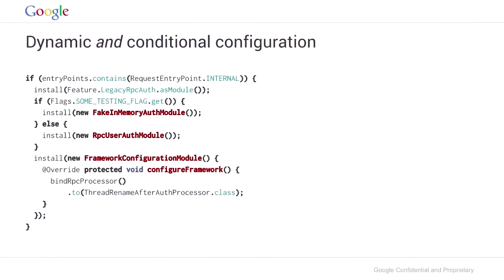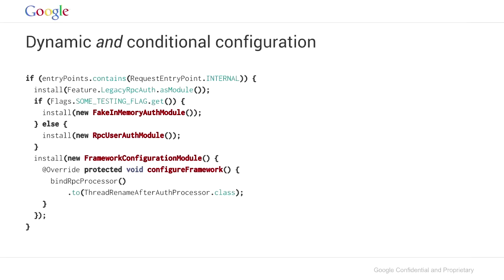And finally, the configuration we laid out in Java. It's dynamic and it can be conditional. In this case, this is a snippet out of one of those configuration modules. And somebody did something very earnest. They said, okay, my application, under some conditions, I want a certain type of authentication.